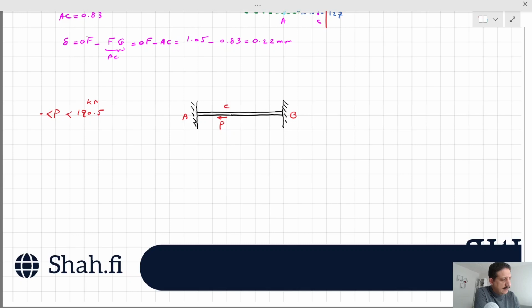So in this phase, if P becomes 190.5, AC will take 127 kilonewton and BC will take 63.5 kilonewton. After that, we increase the load up to 220 kilonewton. In this phase, AC remains unchanged. It cannot be increased. And BC will take the entire load after that, so 93 kilonewton.